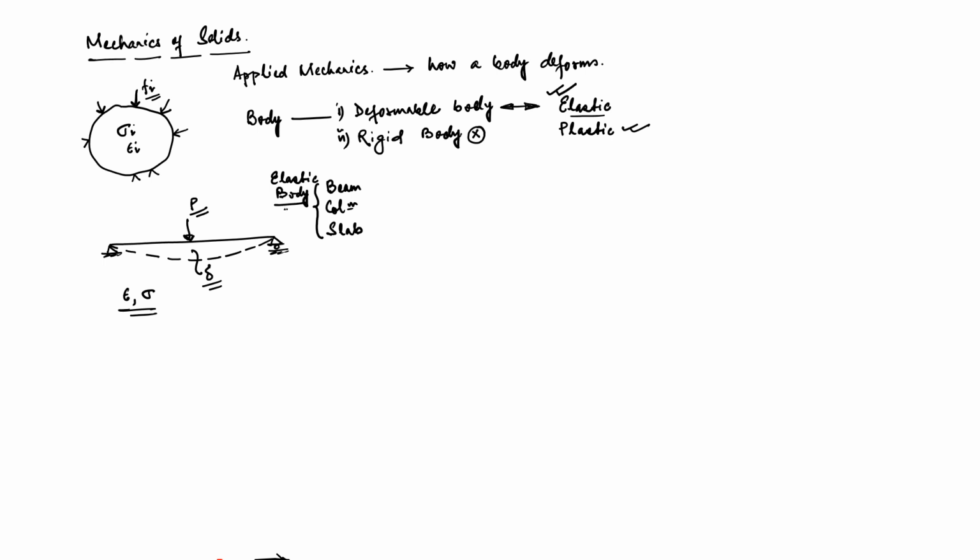Obviously, the same body under the action of a different loading pattern may behave in a manner that there is a permanent deformation, or otherwise it is a plastic deformation, but our entire discussion will remain within the domain of elastic deformation.